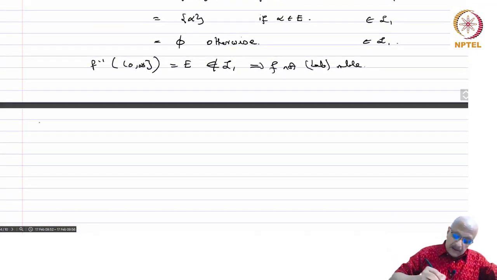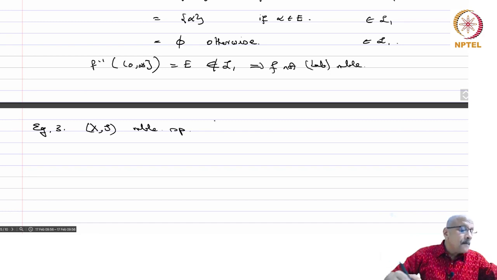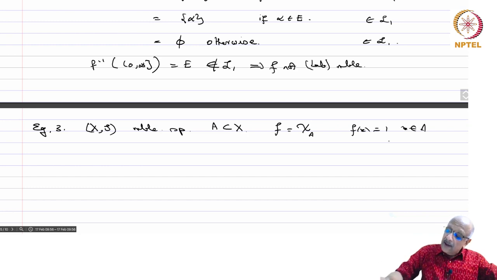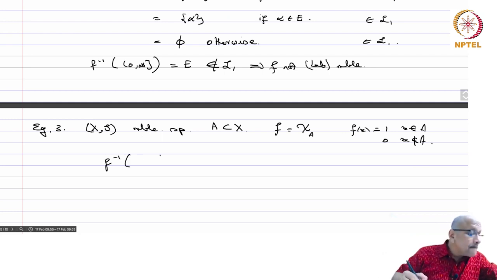Okay, then example again. So (X, S) is a measurable space, and let A be contained in X. Then you take f equals chi A. That means f(x) equal to 1 if x belongs to A, and 0 if x does not belong to A. Okay, so this is chi A. So what is f inverse of (alpha, infinity)?